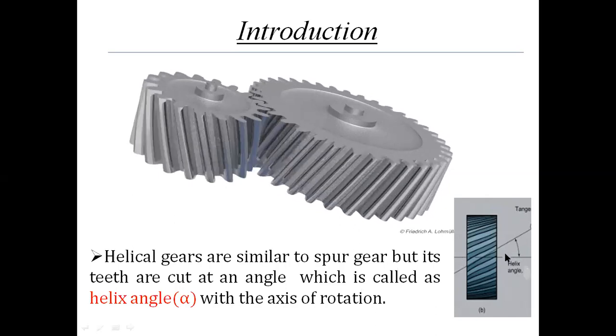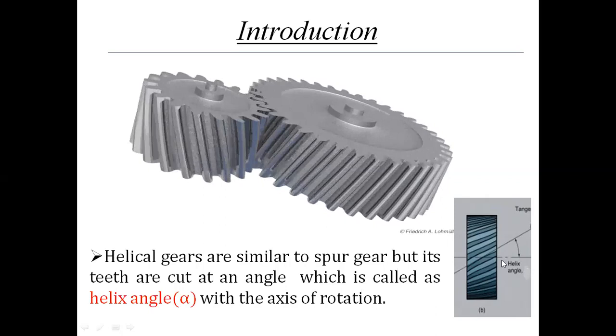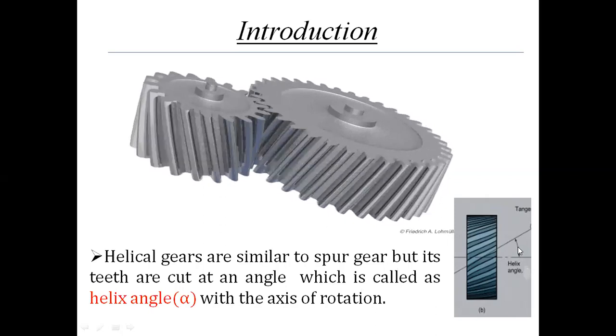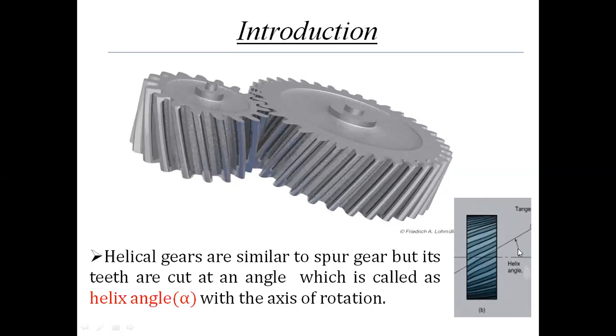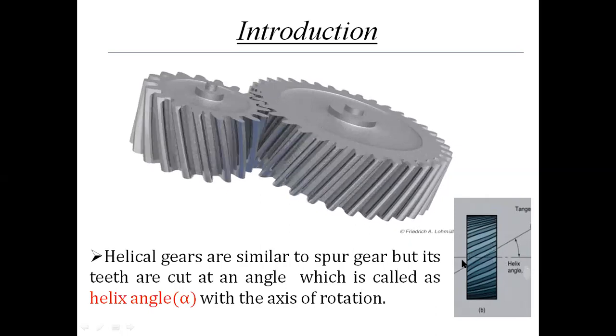This is the axis of rotation, and these are the inclinations. These teeth make an angle with the axis of rotation, and this angle is called the helix angle. The angle made by the teeth with the axis of rotation is the helix angle, and this is denoted by alpha.